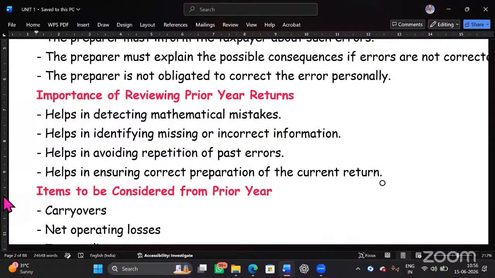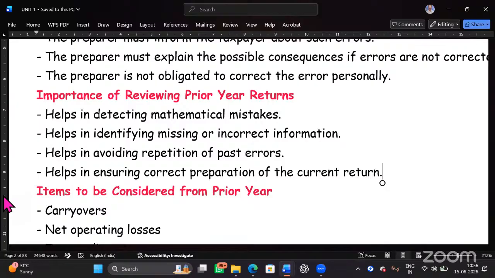Suppose a taxpayer has a bank deposit on which he received interest income last year. Last year, he included interest income at the time of filing the return. But in the current year, by mistake, the taxpayer has not given information about the interest income.